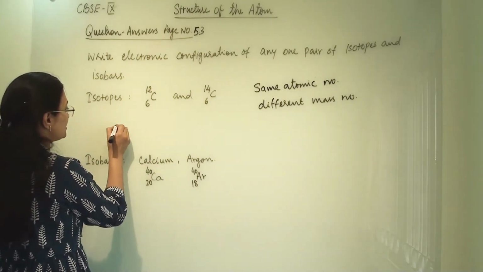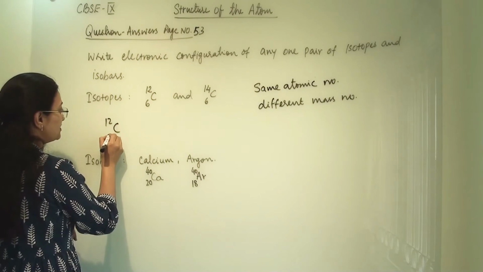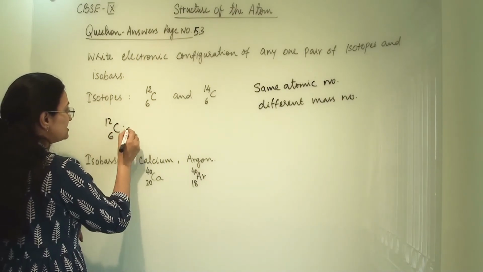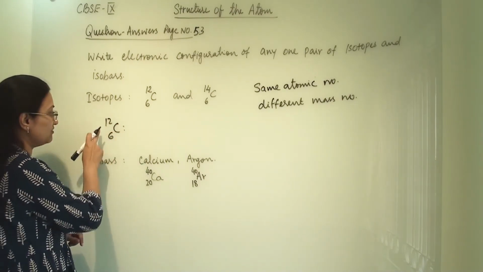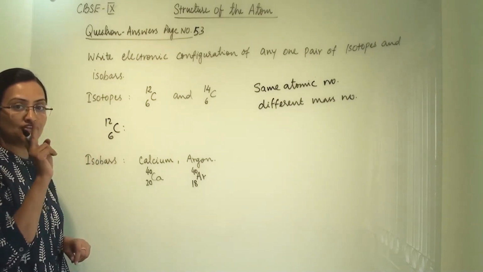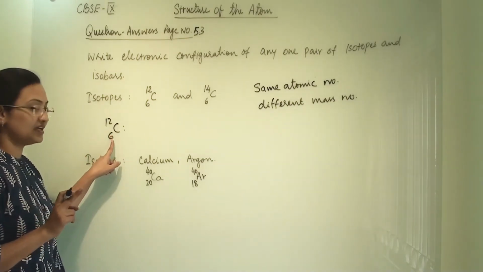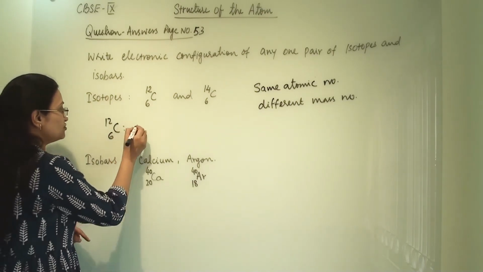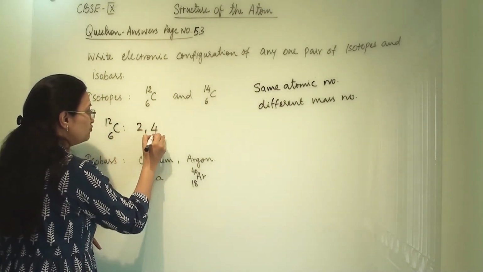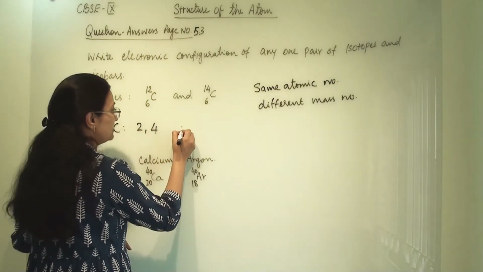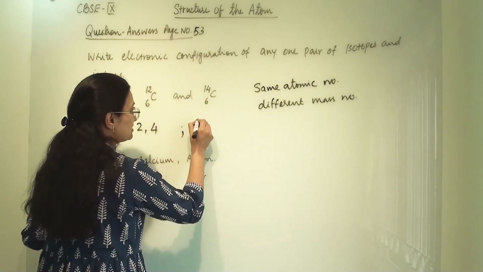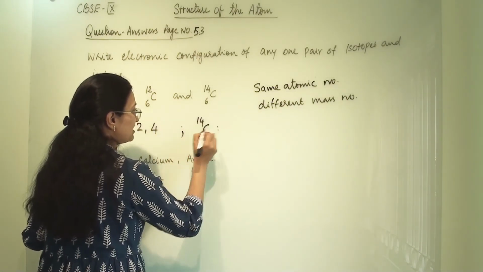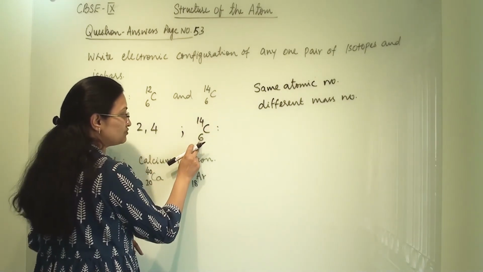So if we are writing electronic configuration of C-12 with atomic number 6, we are not writing electronic configuration for mass number. We are writing electronic configuration for atomic number and number of electrons. So electronic configuration will be 2, 4 here. And then for C-14 with atomic number 6, we are writing electronic configuration for this 6 number.